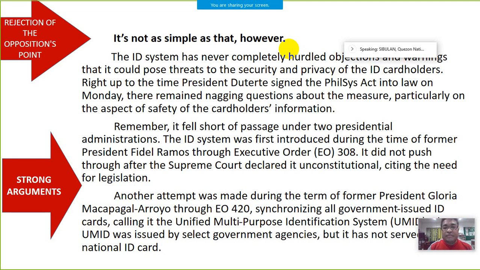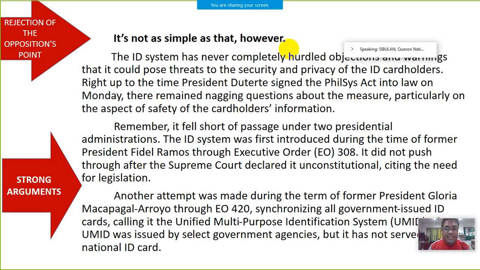So basically, the first argument why the point of the opposition is rejected is on matters of the cardholders' information. How is it really safe?